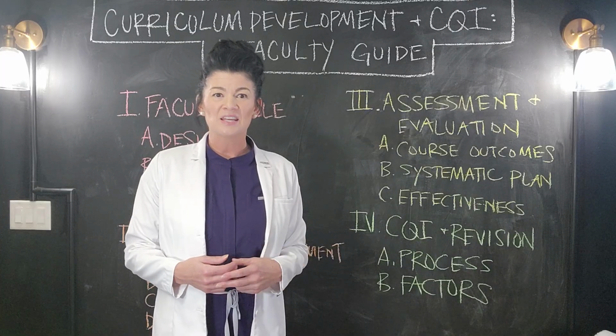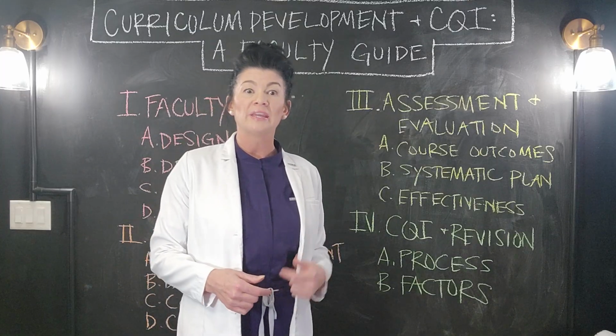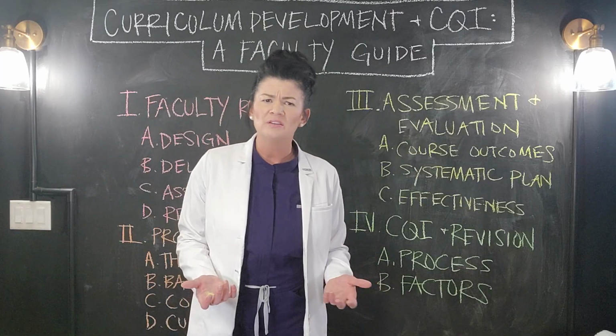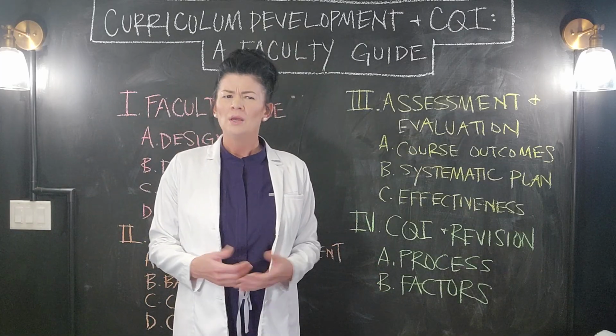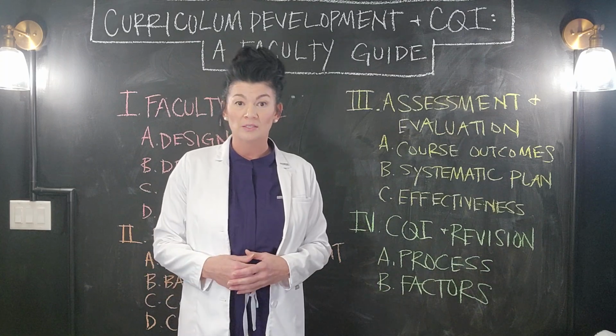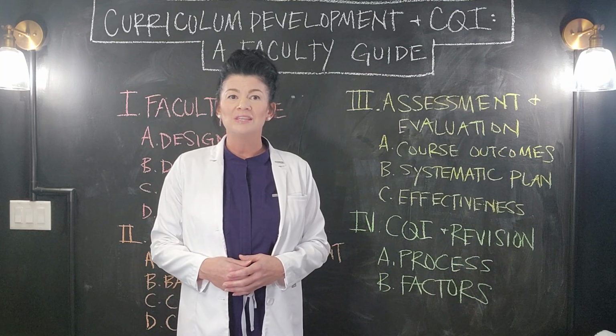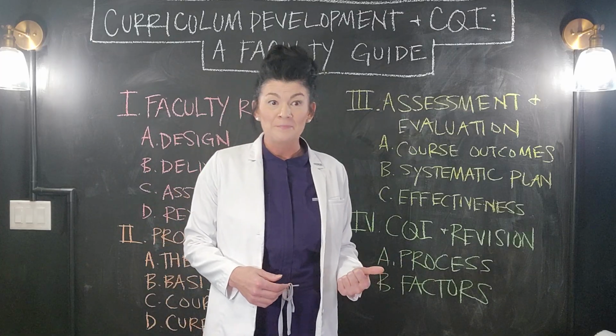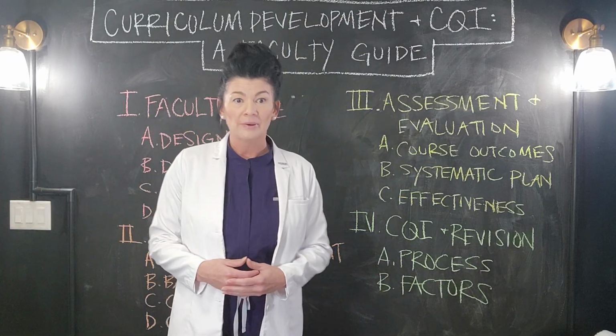Then the second stage of that cycle framework is do. Implement the change. A faculty committee develops a proposed revision, maybe integrating more simulation hours or revising a course objective. Then we get to the third part of the cycle framework, the check, where we assess the impact.